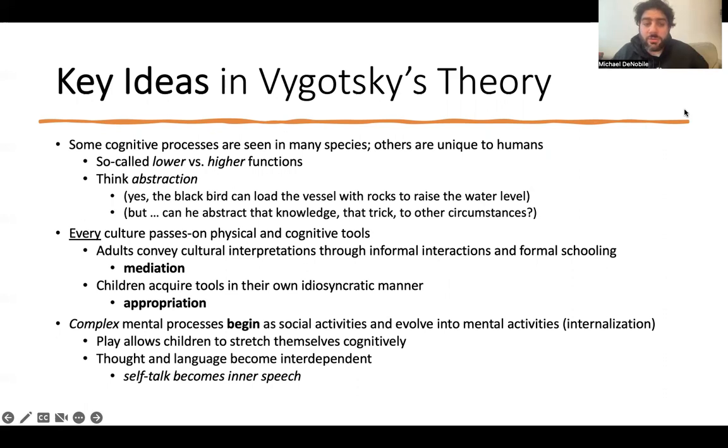So when children acquire those tools and make them their own, they appropriate the mediation, if that makes sense. All right, complex mental processes begin as social activities and evolve into mental activities, which is known as internalization. Play allows children to stretch themselves cognitively. Thought and language become independent, and then self-talk becomes inner speech. We're going to go more in depth in these concepts in the next few slides.